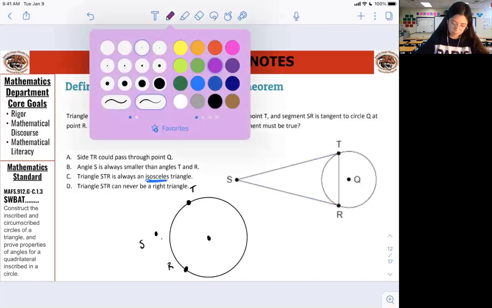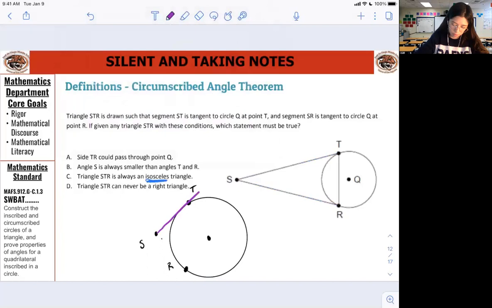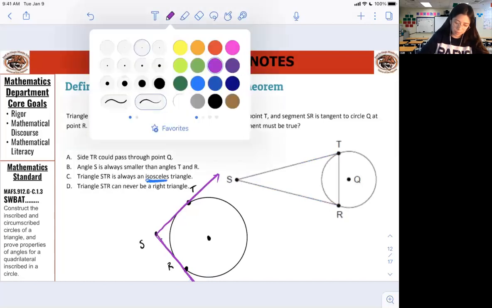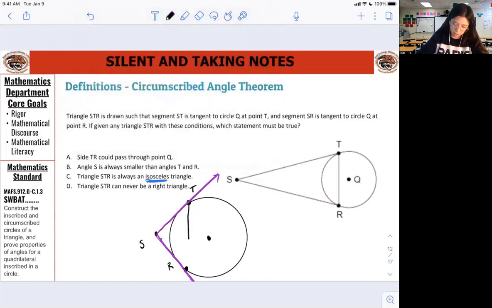What happens? Okay, there's my two tangent lines. This one's a little crooked, but you get the point. And if I connect T with R, is angle S still smaller than angles T and R?